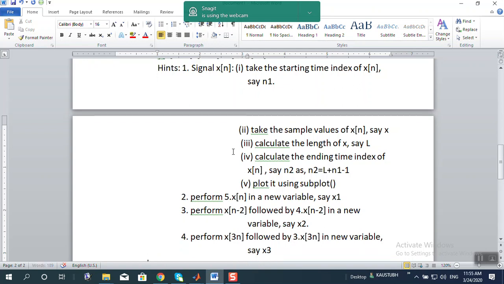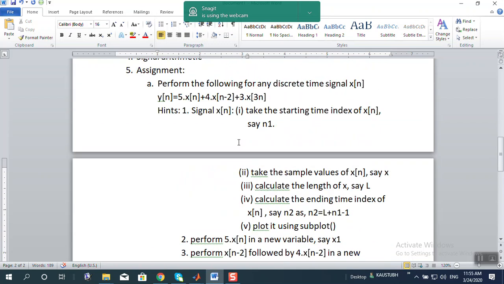Okay, so now you have x1, x2, x3. So x1 is for this part, x2 is for this part, x3 is for this part.